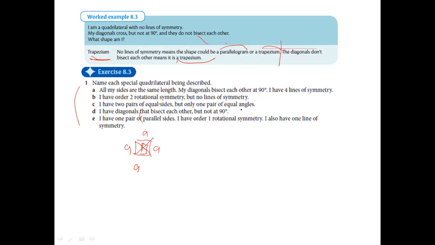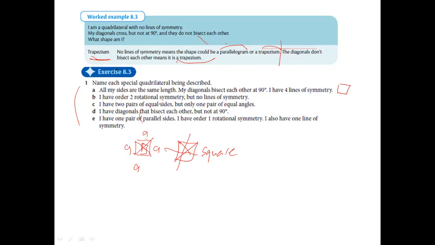I have 4 lines of symmetry. In which figure do we have 4 lines of symmetry? First, second, third, and fourth. Of course, it's a square. So what shape am I? Of course, a square.